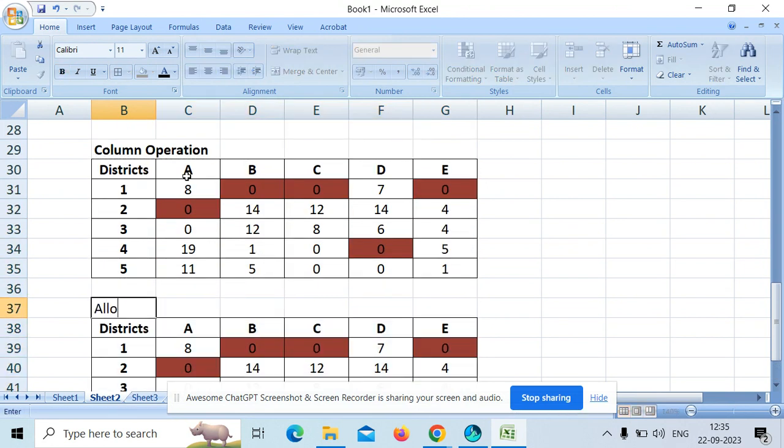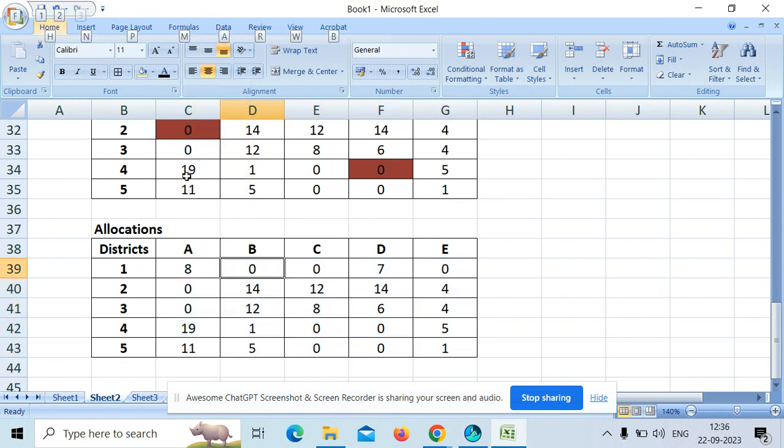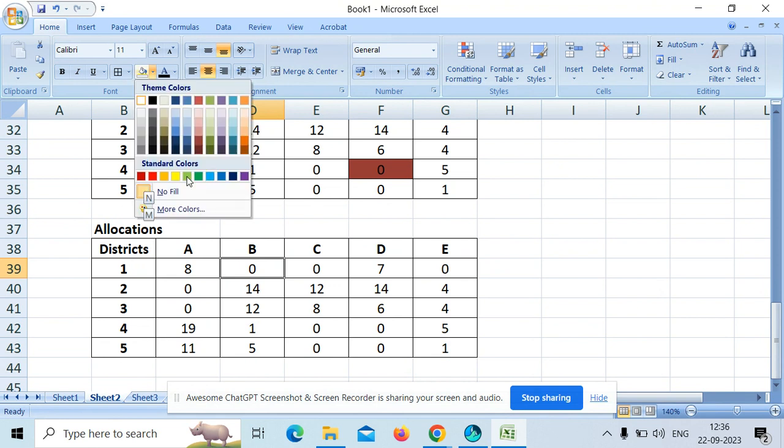When we go for allocations, what points do we check? We check each row, each column, for a single 0.